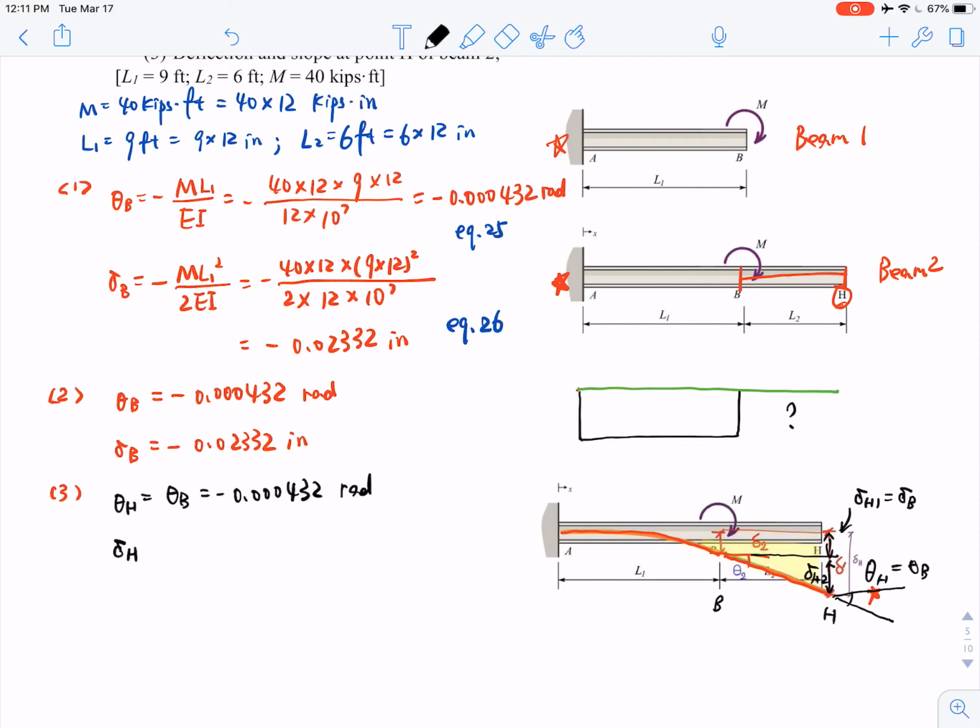This deflection can actually be determined based on a triangle. Then this one can be split into two components, equals delta H1 plus delta H2. And this equals delta B plus something. Well, this something you can determine based on a triangle. And let me draw this triangle. The triangle is here.